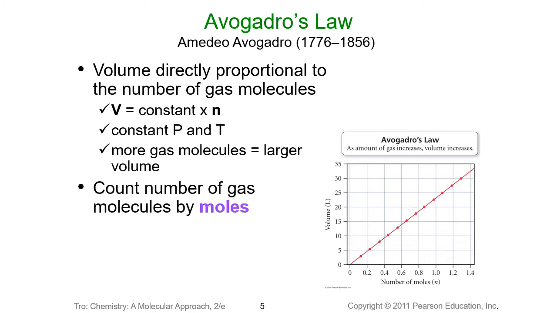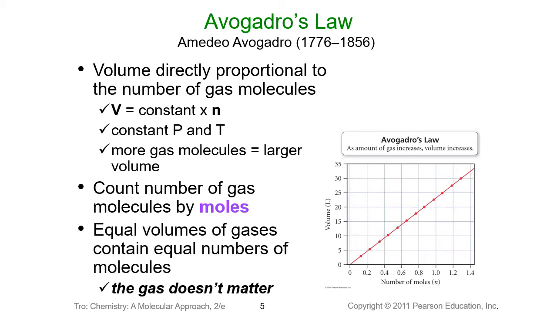The way that we count the number of molecules is in moles. The interesting part is that equal volumes of gas contain an equal number of molecules. It doesn't matter which gas we're talking about. If we have an equal volume, it's the same number of gas particles if everything else is held constant.